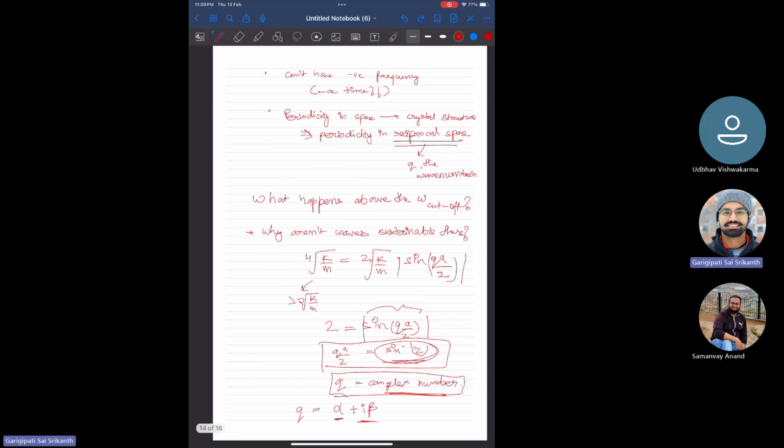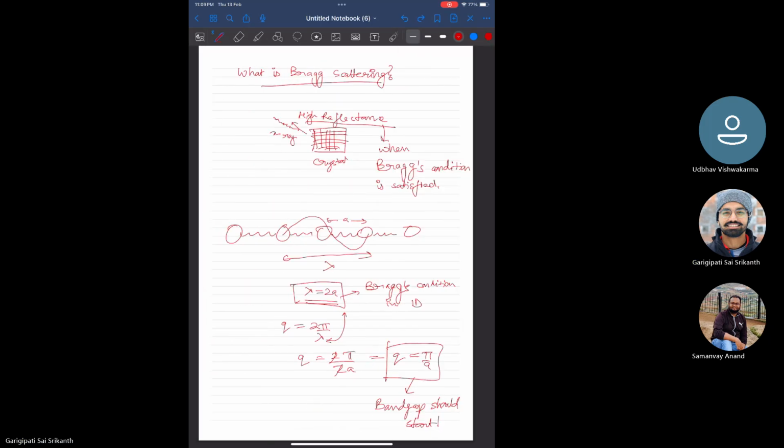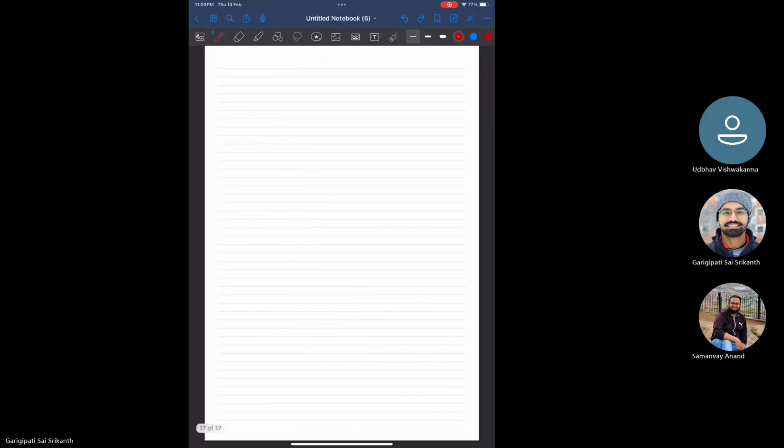What is that called? This is called the first Brillouin zone, and then you have the other ones, the second Brillouin zone and so forth.